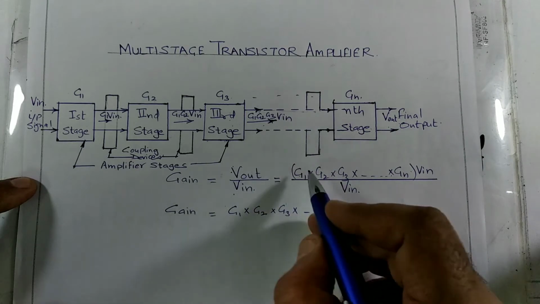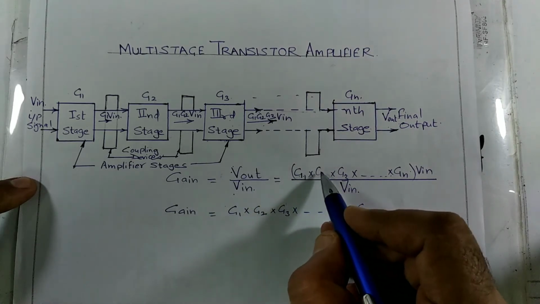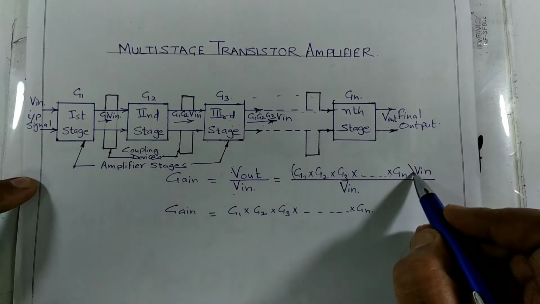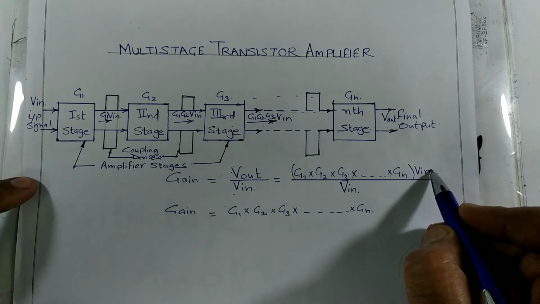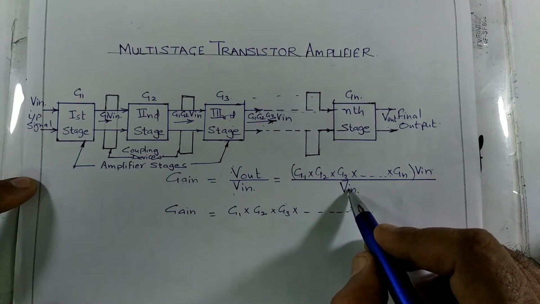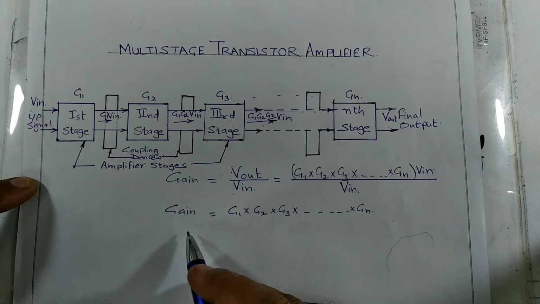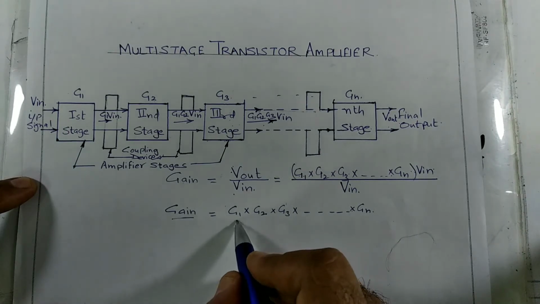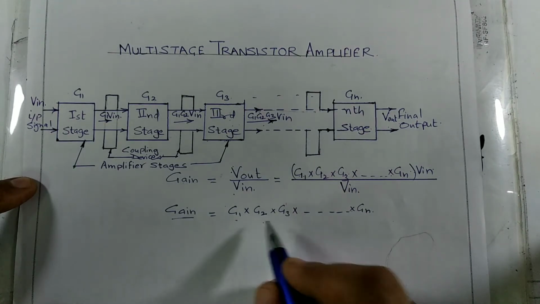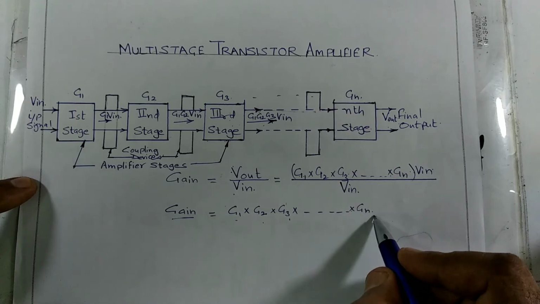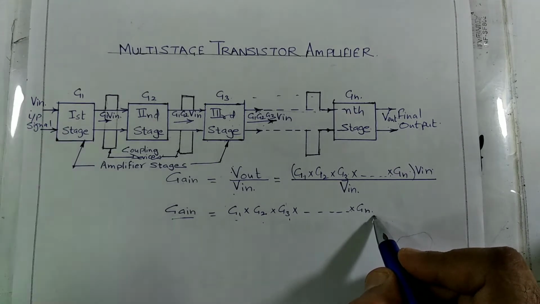Therefore, we divide the output G1 G2 G3 up to Gn multiplied by Vin, divided by Vin, the input voltage. So the gain comes out to be G1 G2 G3 up to Gn. That is purely a number. It does not have any units.